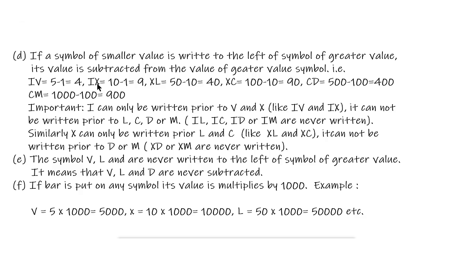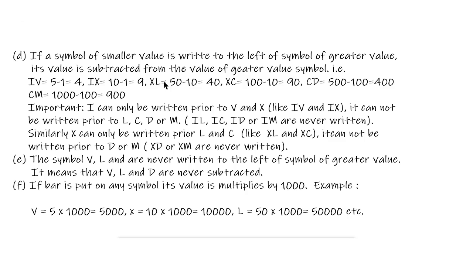IX, X is 10 and I is 1, and I is written prior to X or left of X, so its value is subtracted, so it becomes 10 minus 1 equal to 9. XL, X is smaller than L, X is 10 and L is 50 and X is written prior to 50, so its value is subtracted from 50.